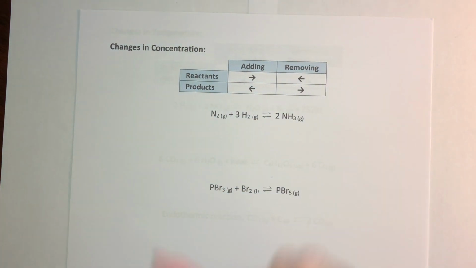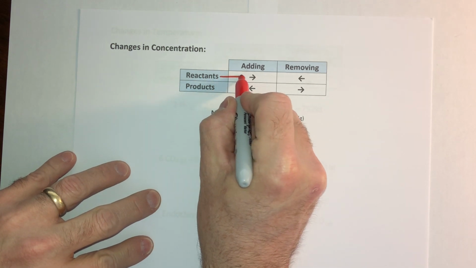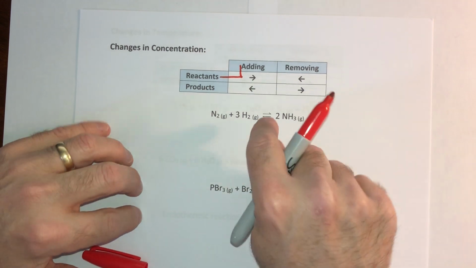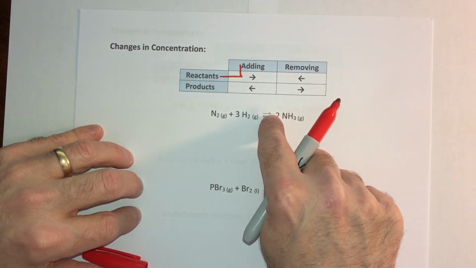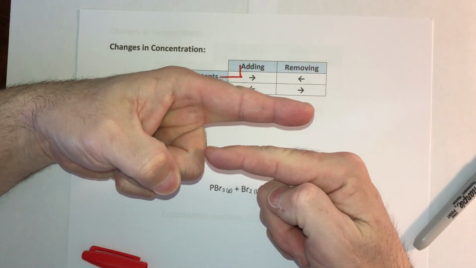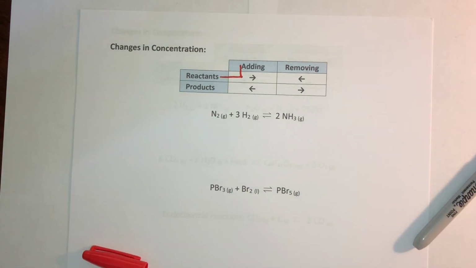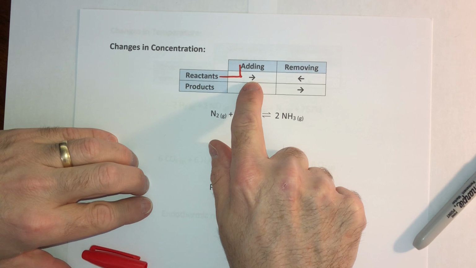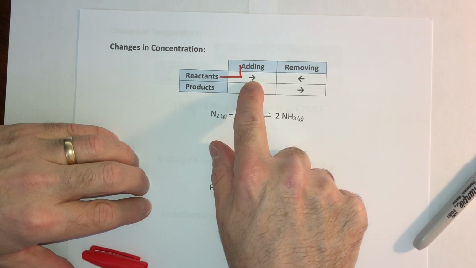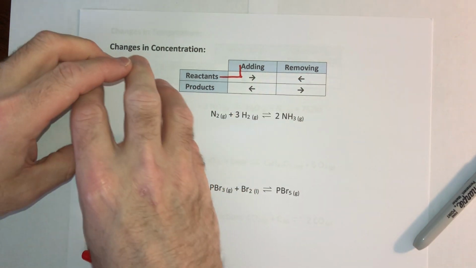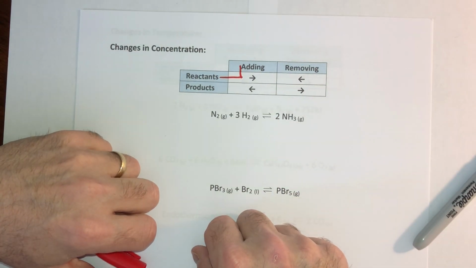So if you were to take reactants and you were to add them, your reaction for a small while is not going to be in equilibrium anymore. You're not going to have both forwards and backwards. For a little while, that gets destroyed, gone. And for a little while, only the forward reaction happens. So for a little while, the reaction will only go forwards. Reactants will turn into products.